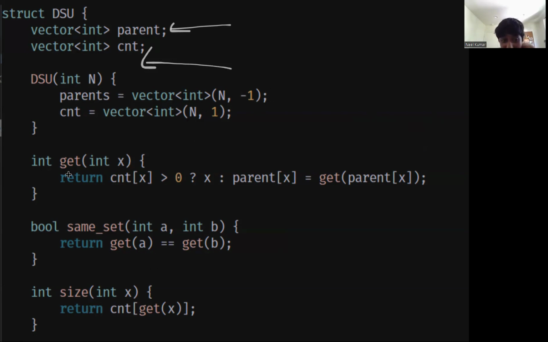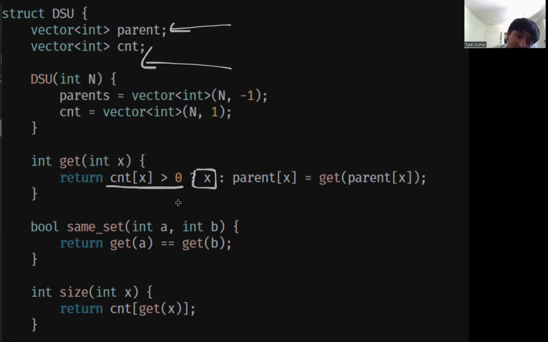So to do a get, it just gives you the parent of that connected component. We're doing exactly that. When count is greater than 1, that means that we've gotten to the parent of an entire connected component, and that's the final node we have to return. And so for that, you just return itself.